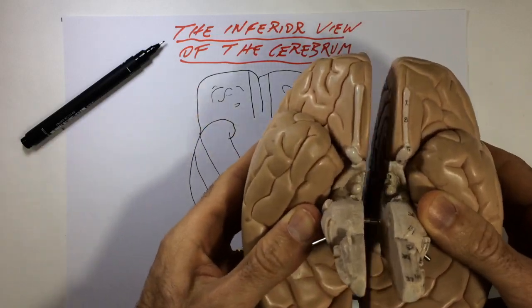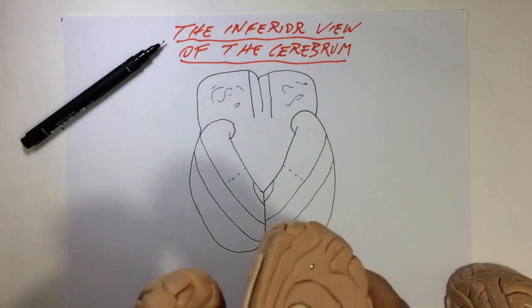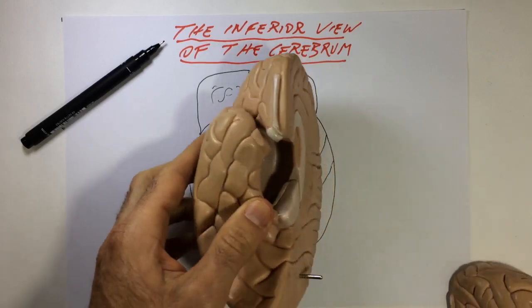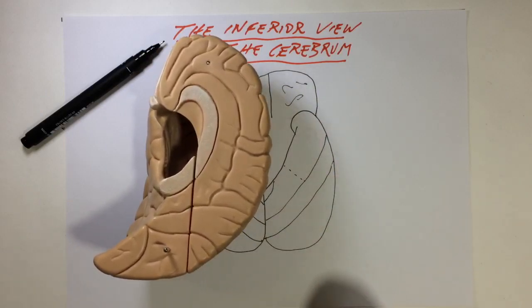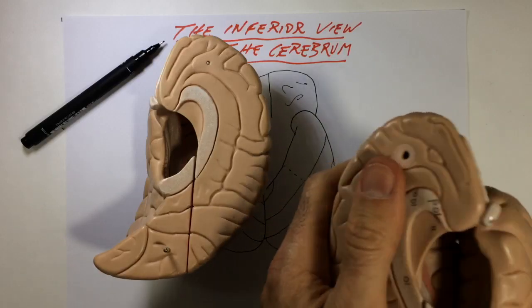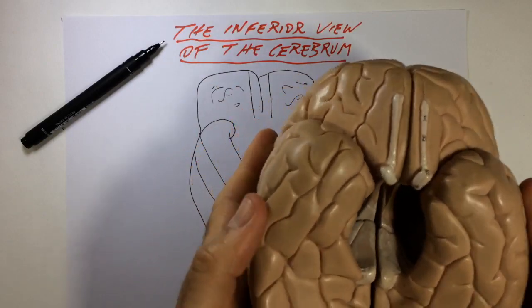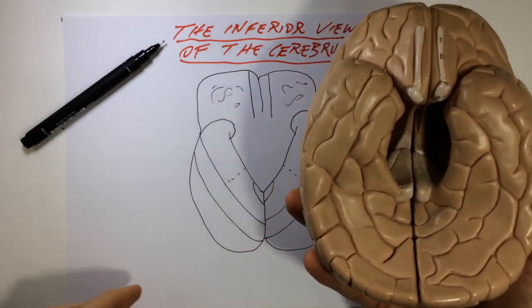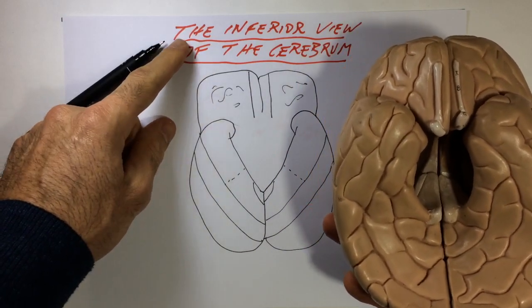So I'm gonna also remove the brainstem here. Just a sec. Okay, one hemisphere. Now let's do the same with the other hemisphere. Here. And let's put the hemispheres together. Okay, so here we have the whole inferior view of the cerebrum.